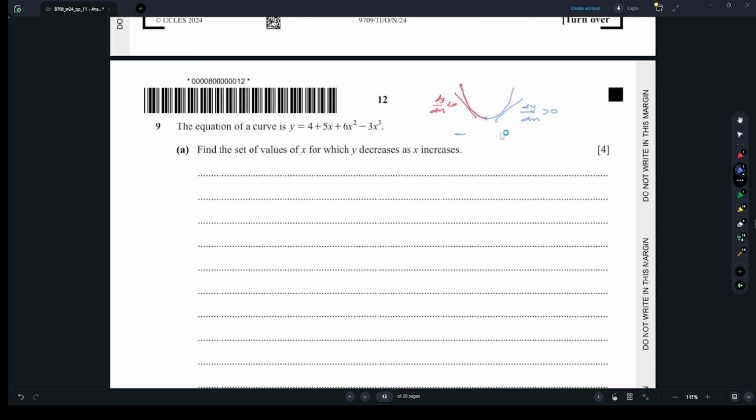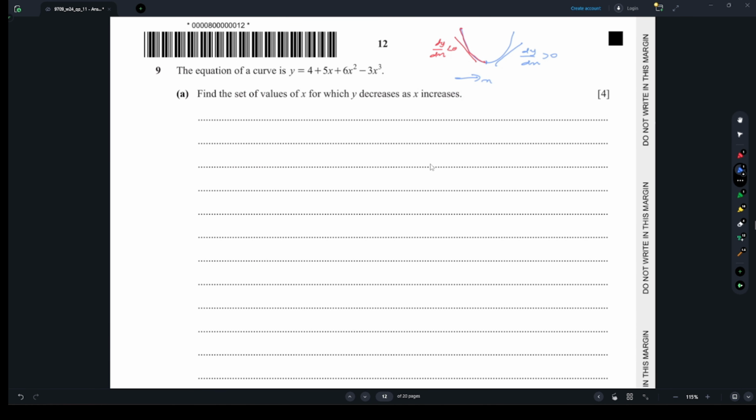For this side x increases, so when x increases, y decreases. We can find that by taking the differentiation less than 0. So this is the target, and you should remember that. First, we have to find the gradient of the curve, so we can write dy over dx.